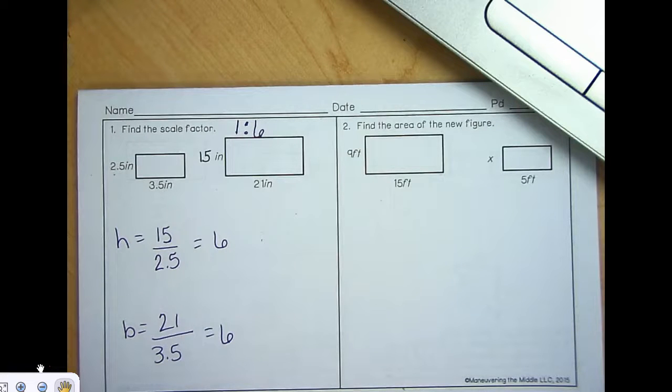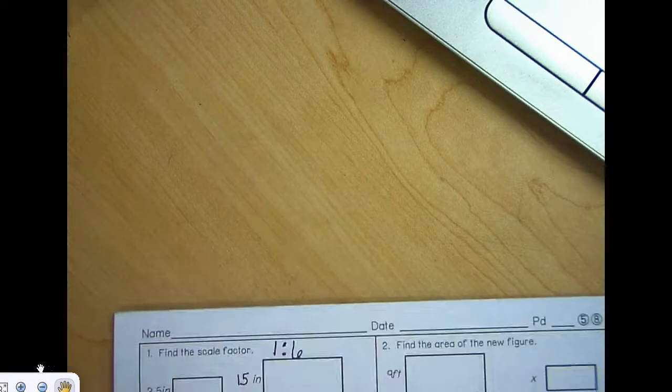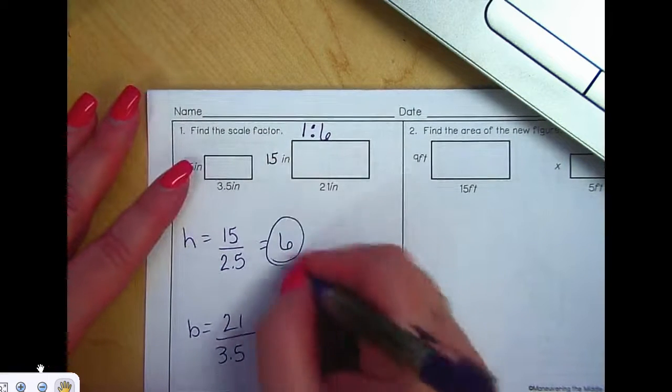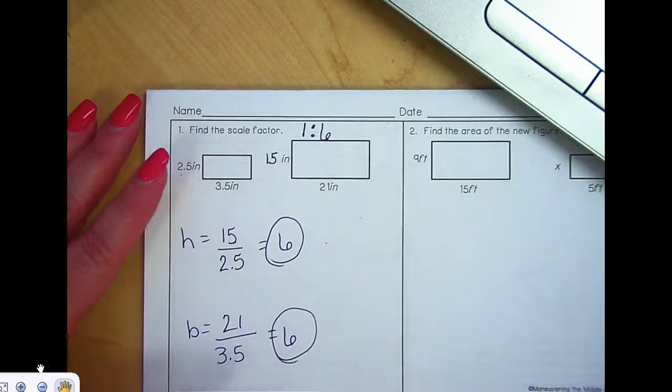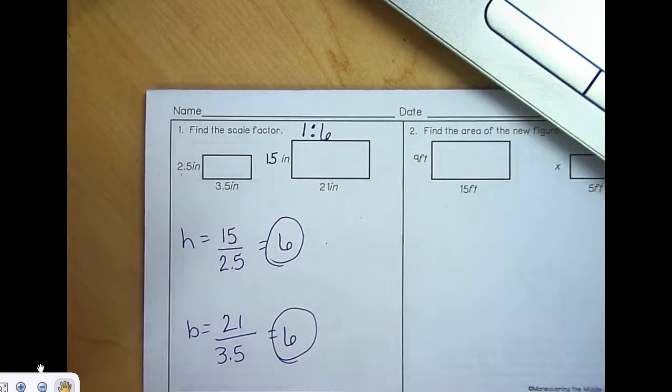Does that make sense? So if over here we know that we use that to multiply, if the multiplying's already been done, then over here we're going to divide. Now you should always get the same number to show that it's a 1 to 6 ratio. Does that make sense? Questions?